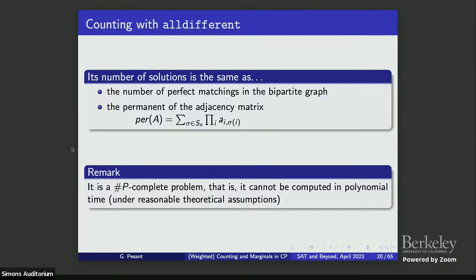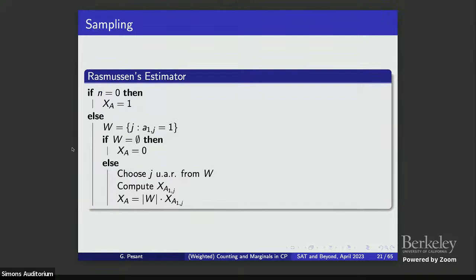So what do you do? Well, fortunately, the problem of the permanent is well studied, so there are known estimators to compute it. Here's one, and I think it'll be easier if I just show you an example of how it works.